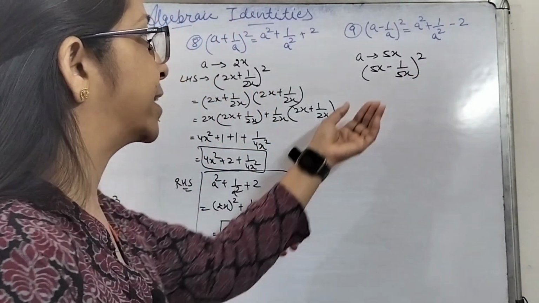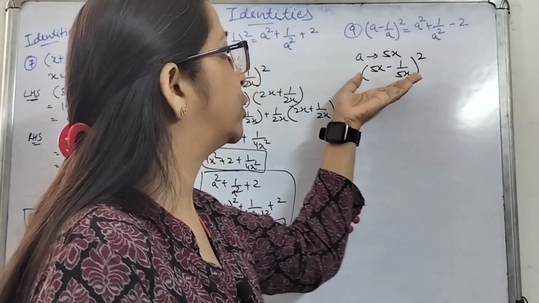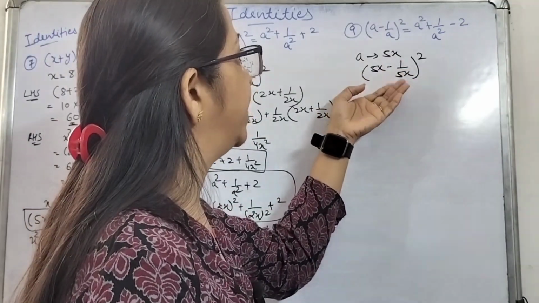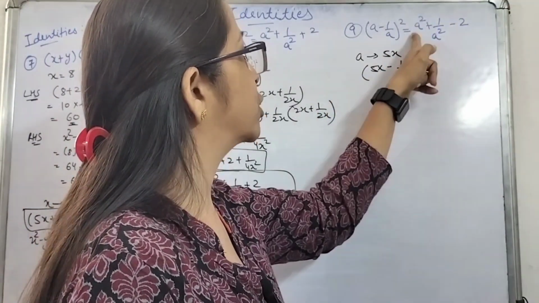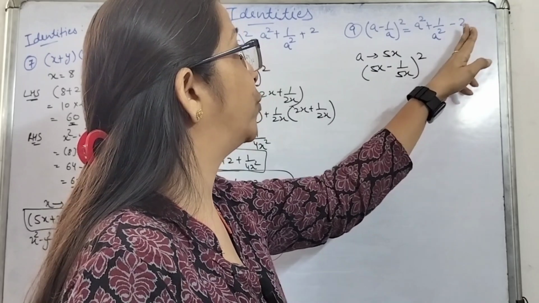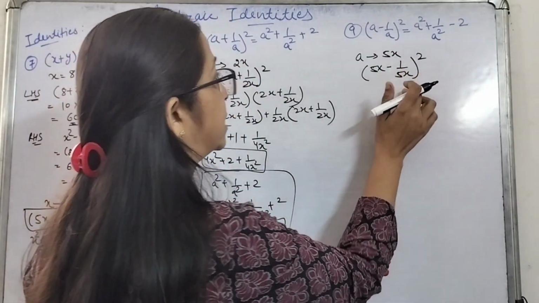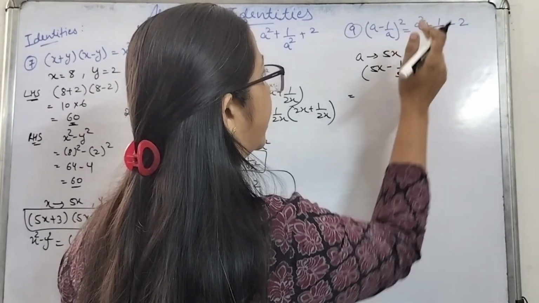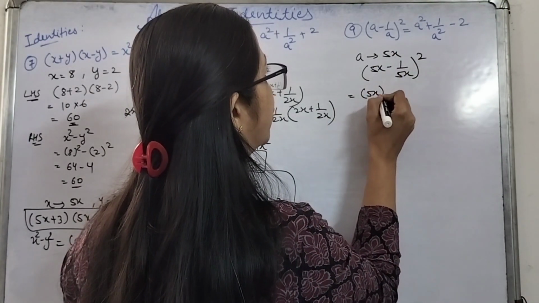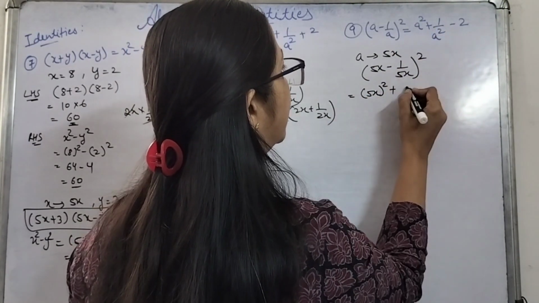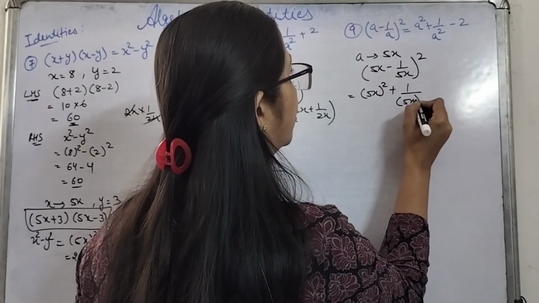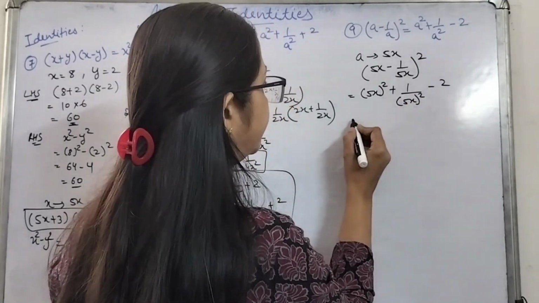Directly we can write it as a square plus 1 upon a square minus 2, replacing a by 5x. So the answer will be 5x whole square plus 1 upon 5x whole square minus 2.